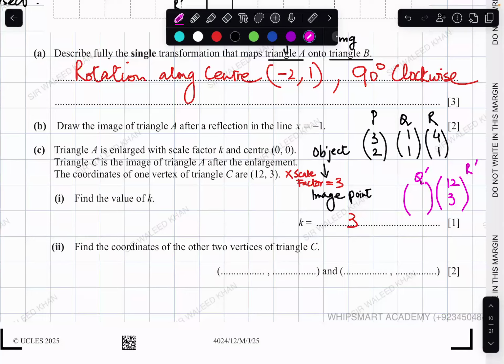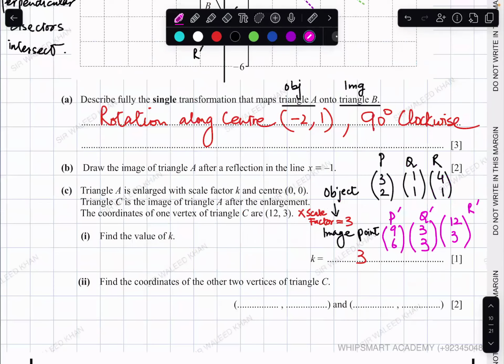If I want to move from object point to the image point, in an enlargement, we multiply it with the scale factor. Yes. So multiply it with the scale factor. 3, 1 and 1, 3, 3, 3, P. 9, and 6. There you go.